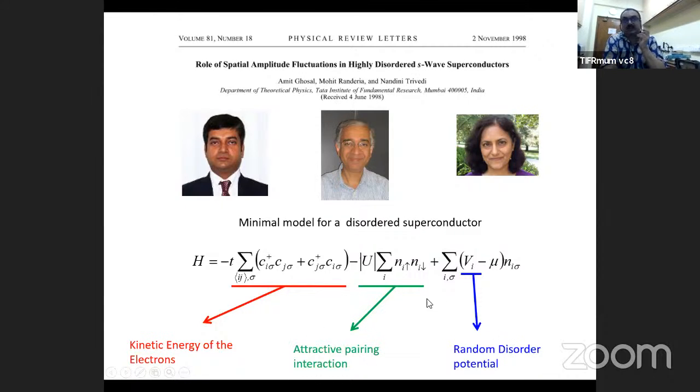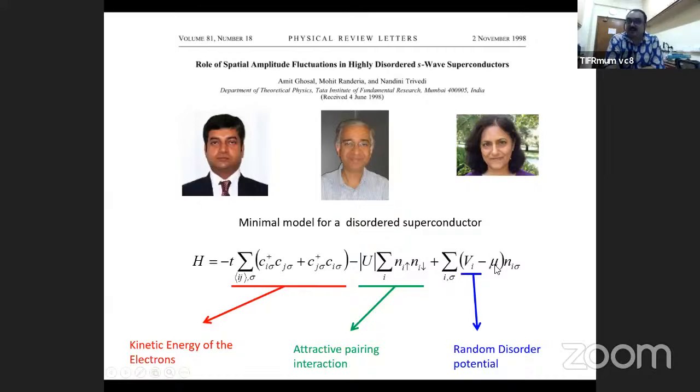This is called the attractive Hubbard model, and it is known for a long time. This is not a discovery of these people. What these people did is that you know you have to work in the grand canonical ensemble, so you need to put a chemical potential here.